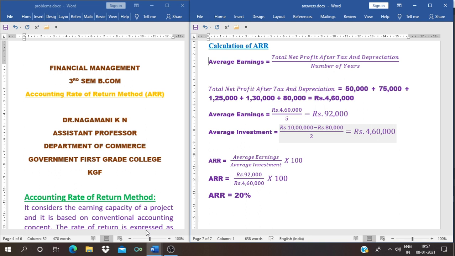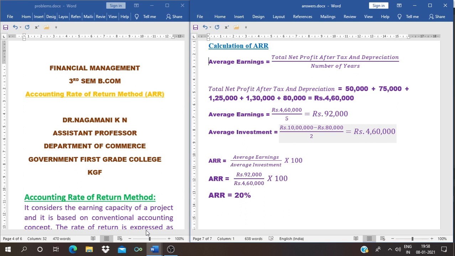Under the traditional method, it is subdivided into two types: payback period method and accounting rate of return method. The payback period method we have completed. Now we are going to discuss the accounting rate of return method.